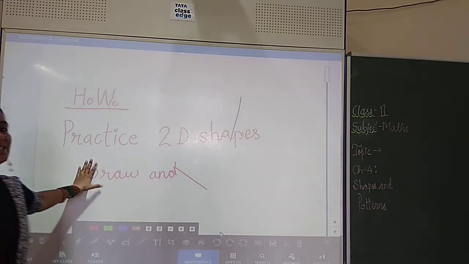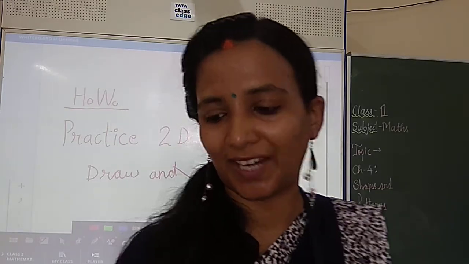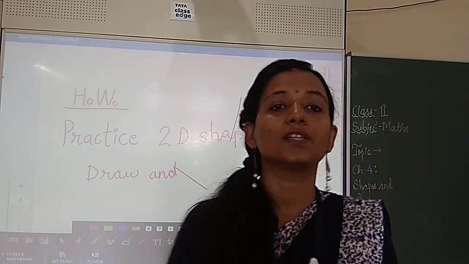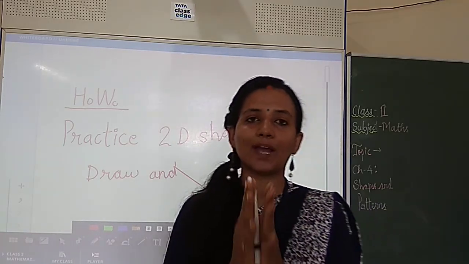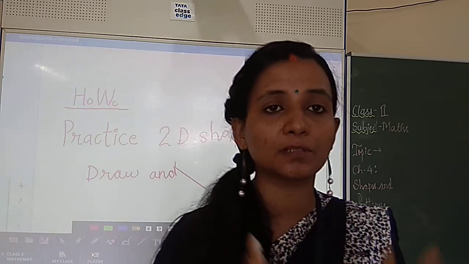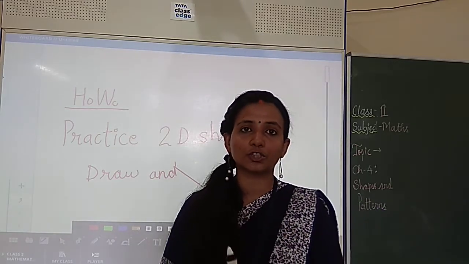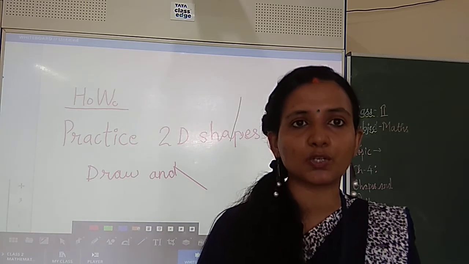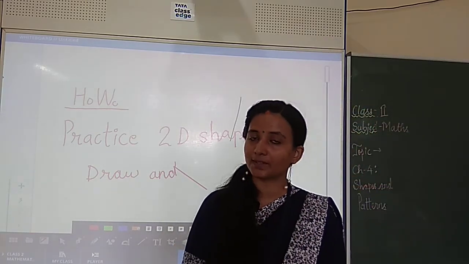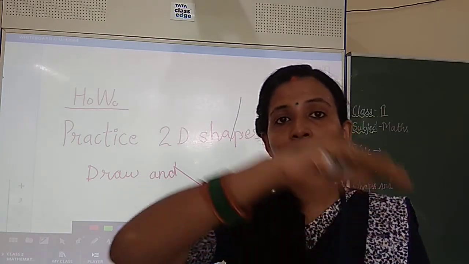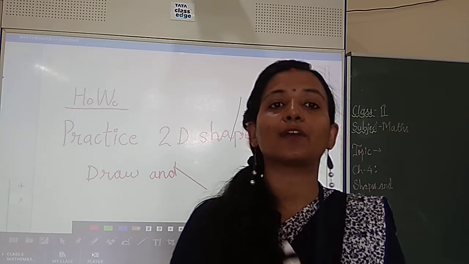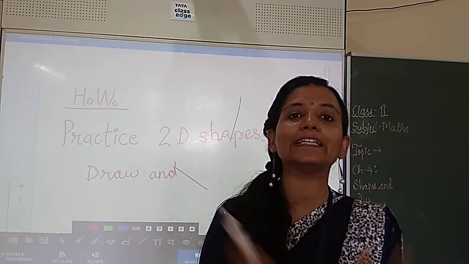So here my board is not working due to some technical issue. Just what is your homework? Your homework is practice two-dimensional shape. You have to draw and color it. Okay, very well in your homework copy. Listen my words carefully. What is your homework? You have to practice two-dimensional shapes. You have to draw all 4-5 shapes and color it and learn about that. Yes, what are the facts are there that will help you to make your intelligence.